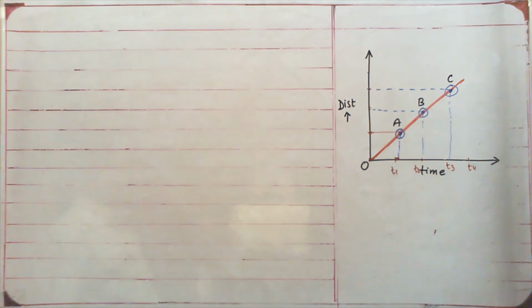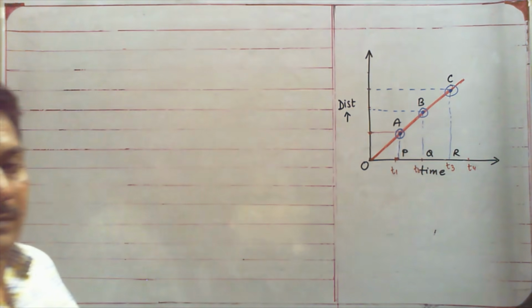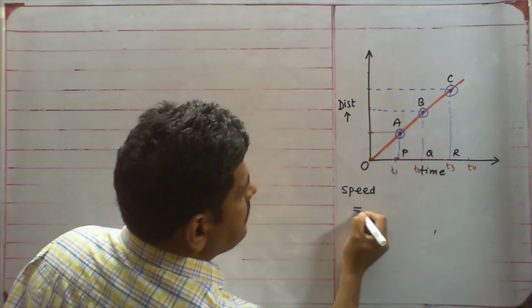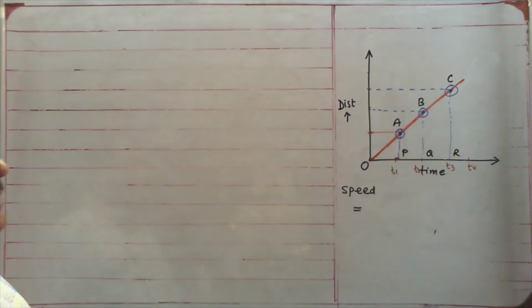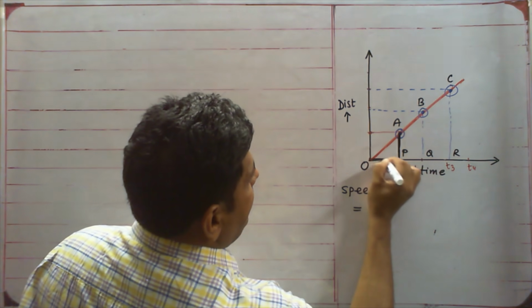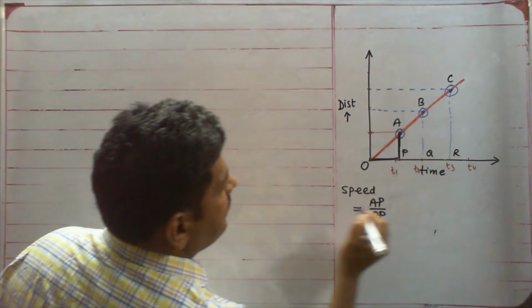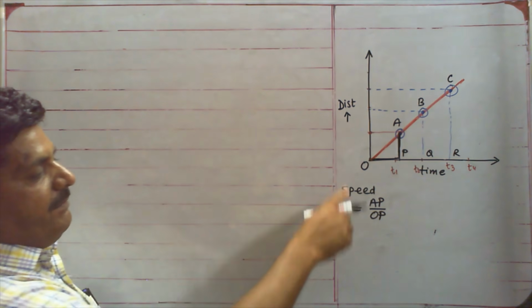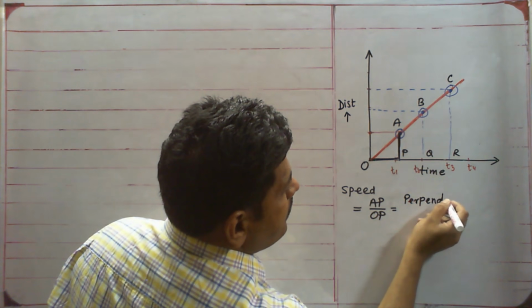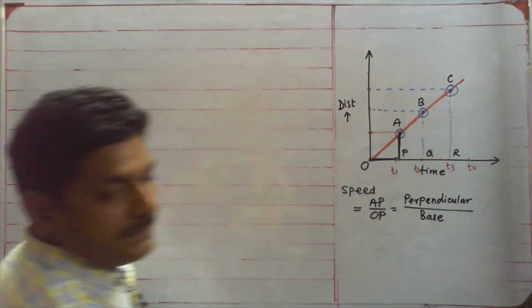So how to calculate the speed? Let us mark this as P, Q, R. So speed would be equal to what we have talked. We have talked about perpendicular and the base. So it is AP by OP. AP by OP will give you speed. So this is nothing but perpendicular divided by base.